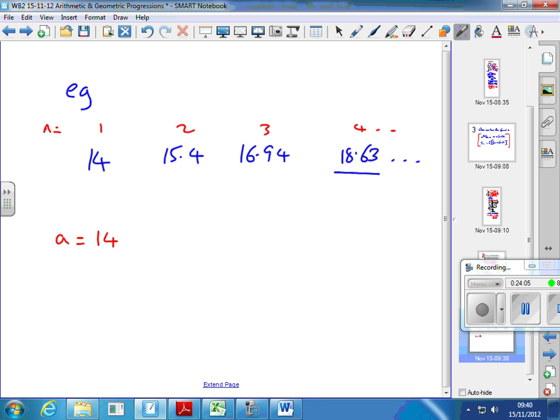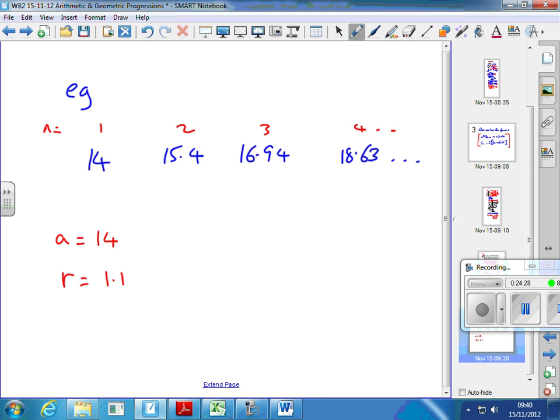If I find the ratio of any term and the one before it, then that gives me my multiple, the common ratio. So r equals 1.1, which is any term divided by the one before it.